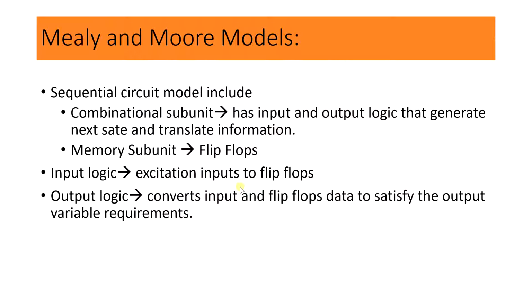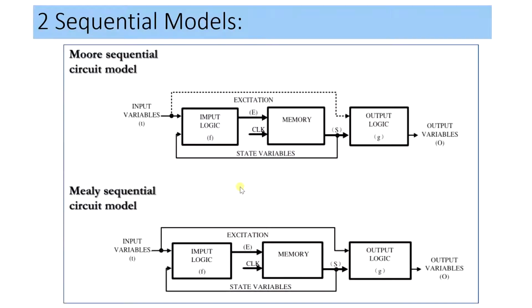The input logic will produce the excitation inputs to the flip-flops, and the output logic will convert input and flip-flop data to satisfy the output variable requirements. So let us understand that in a much better way.